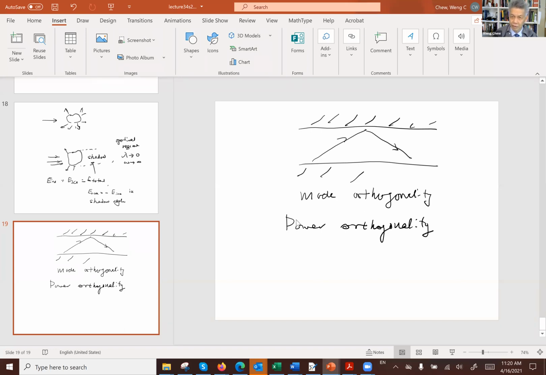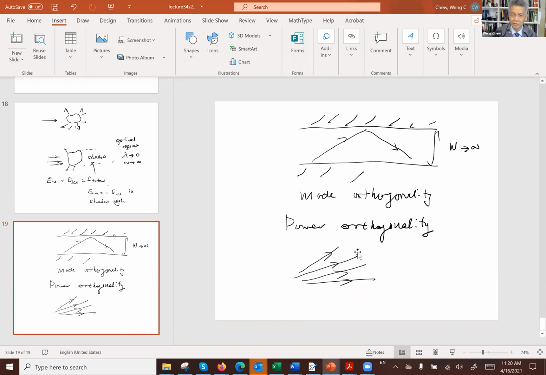By using the power orthogonality principle in a waveguide, you can show that infinite space is nothing but a waveguide where the separation of the two plates becomes infinitely large, and you can still apply power orthogonality to plane waves. You can show that different plane waves propagating in different directions carry power independent of each other.